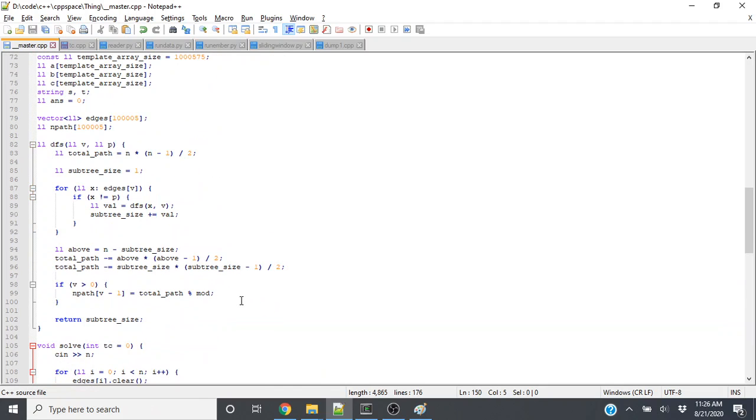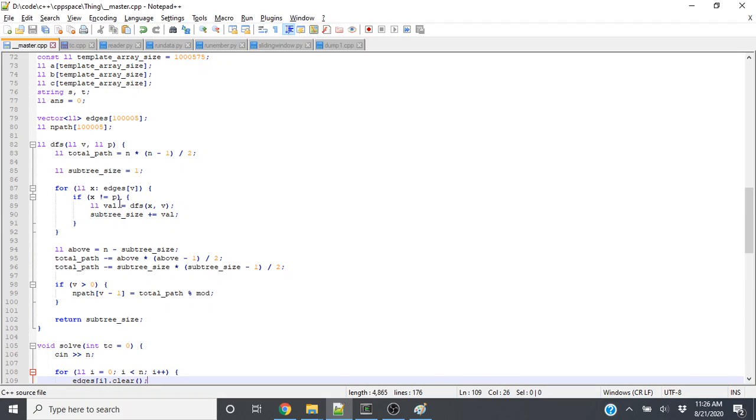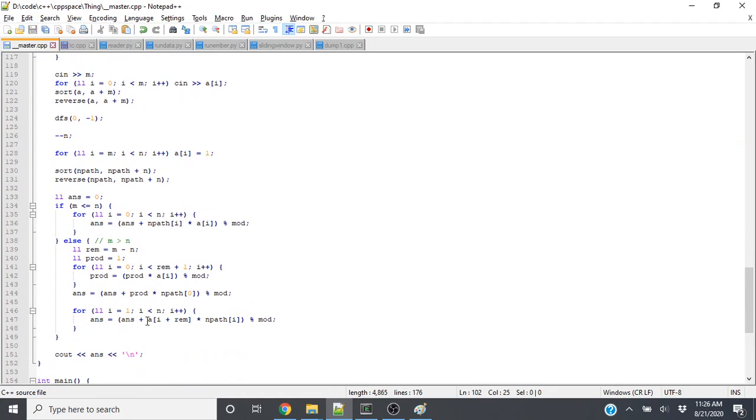Really sure what else we would do. Maybe it is like somehow resetting the... Okay, so we're clearing all of the edges, right? We're setting end path, which means we're not relying on previous values.